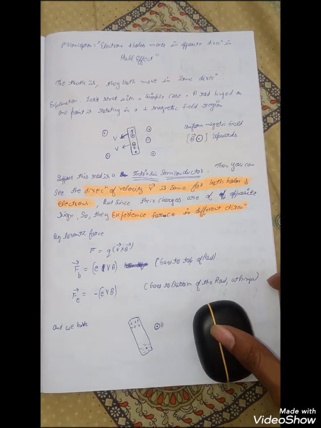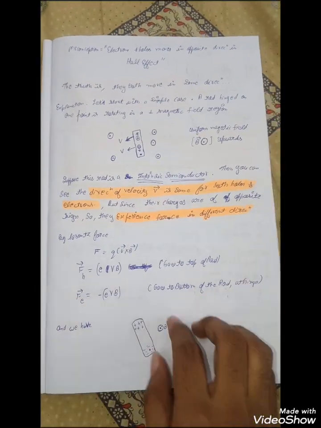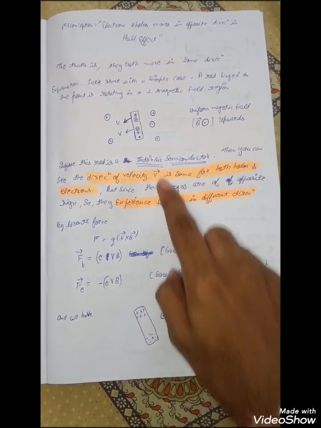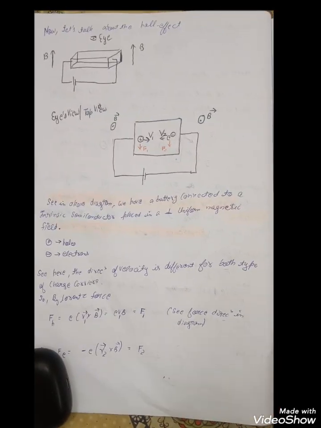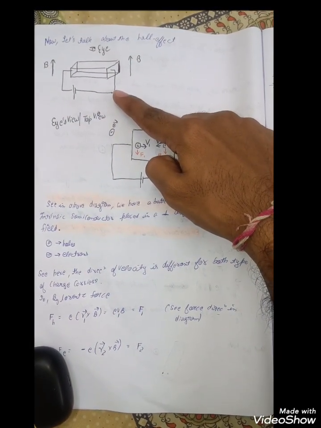Now we will come to the Hall effect. This is the charge distribution you will have after some time for this rod. Here we have our Hall effect structure.